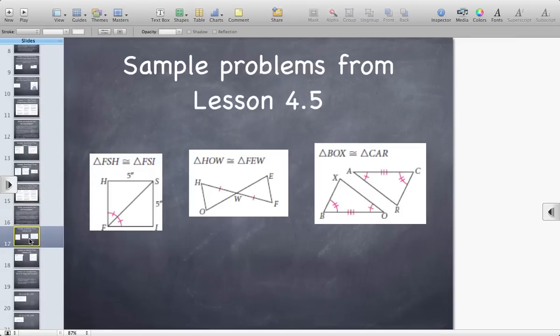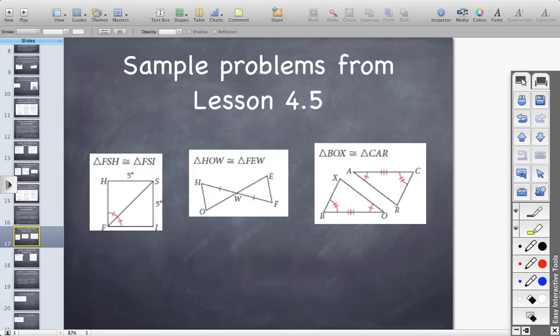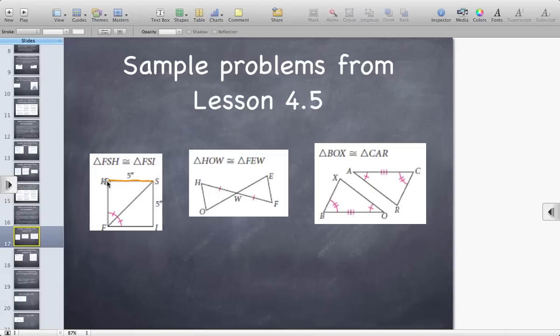So the first one we want to ask is, is triangle FSH congruent to triangle FSI? When we're looking at the two triangles, we need to take a close look at this quadrilateral. Notice that SH is 5 inches and SI is 5 inches. And it's very tempting to look at that and think, oh, that must be a square.